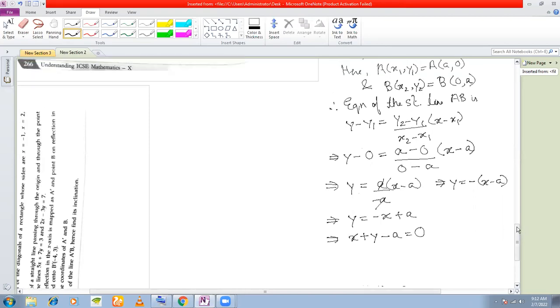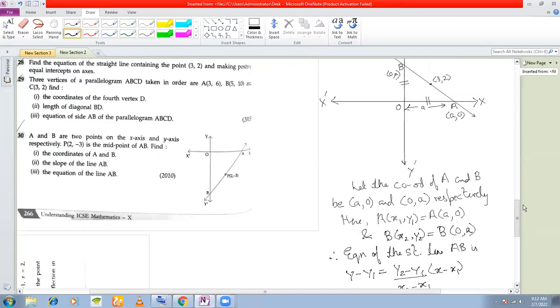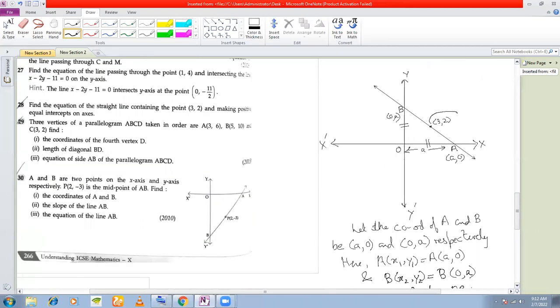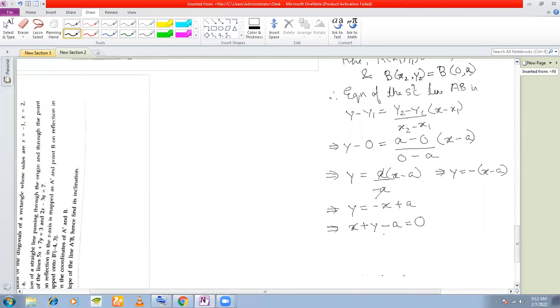Now a is unknown to us. But we also know that (3, 2) is a point on this straight line. So if (3, 2) is a point on the straight line AB, its coordinates must satisfy the equation of the straight line.